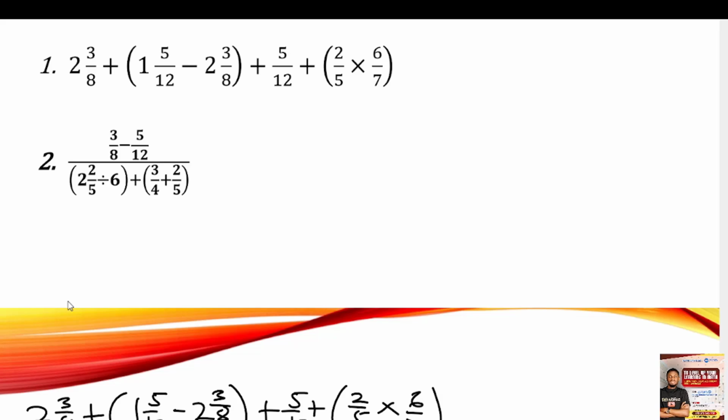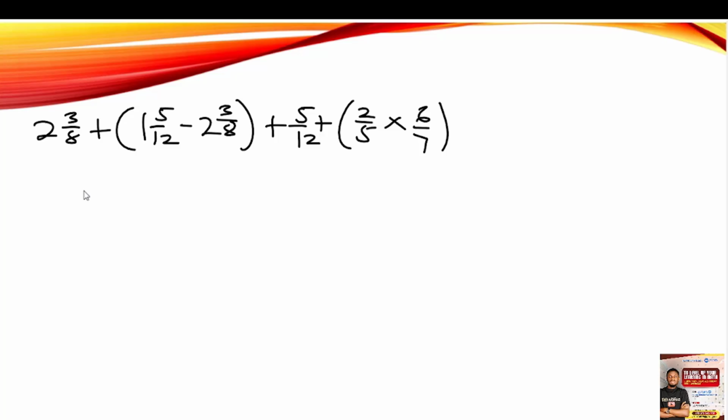Now, as I said, the first thing is to change all mixed fractions to improper fractions. So in this case, 2 times 8 gives us 16 plus 3 gives us 19. So we have 19 on 8 plus 1 times 12 is 12 plus 5 gives us 17 on 12 minus 2 times 8 is 16 plus 3, and that gives us 19 also.